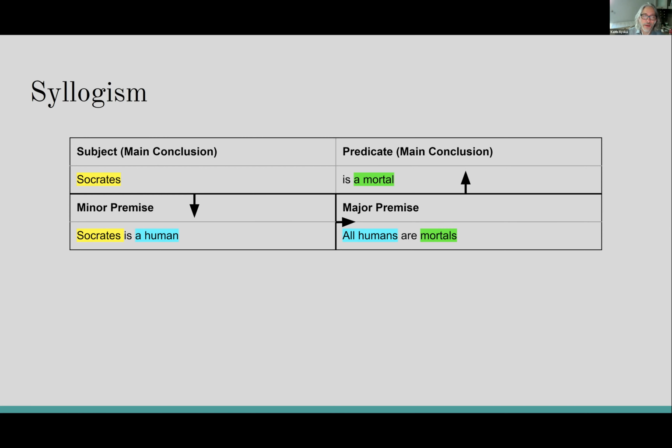And is the minor premise and the major premise strong enough to support the full strength of the predicate? Socrates is a mortal definitively. And the only way we could know that definitively is if all of that middle term were mortals. So that is a valid argument, and it follows from the upper left box. Follow the arrows around and you see that it completely justifies the predicate of the argument.